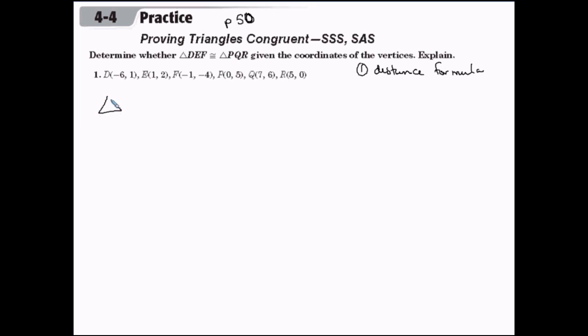So we're going to have triangles DEF and PQR. Okay, and I'm going to use the distance formula: x1 minus x2 squared plus y1 minus y2 squared.